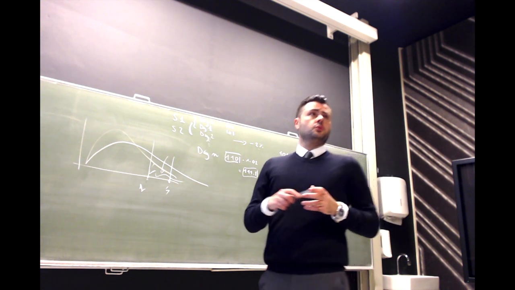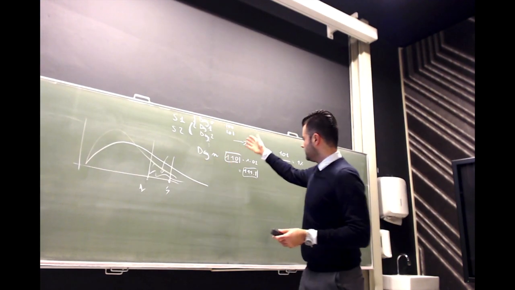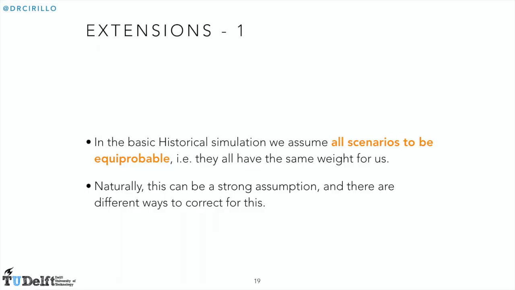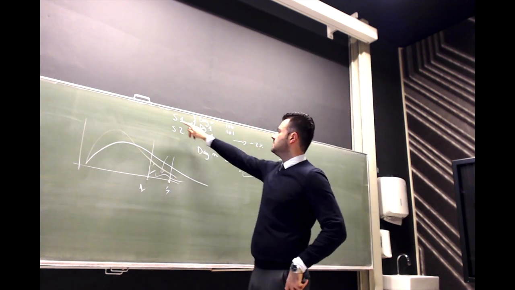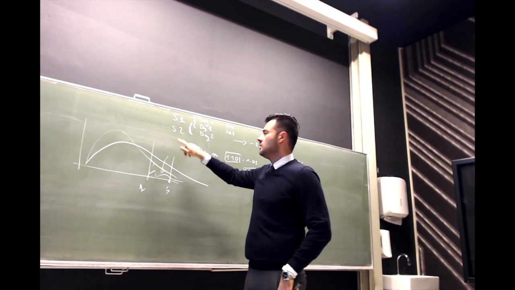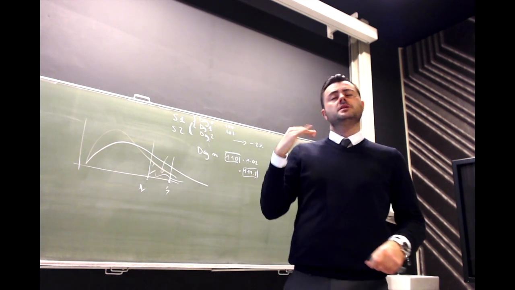In the approach that we have just considered, all the scenarios that we have generated, so scenario 1, scenario 2, 3, 4, 5, and up to scenario 500, are equally likely. So we are not saying that this scenario is more likely than these, or this is more likely than this. We are saying that they all have the same probability.